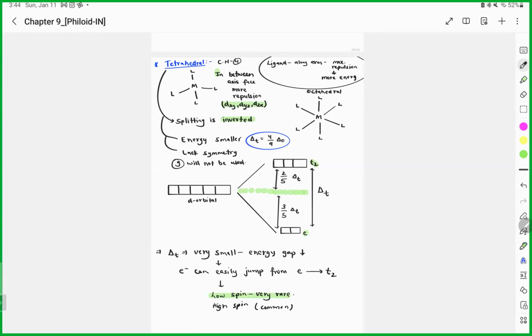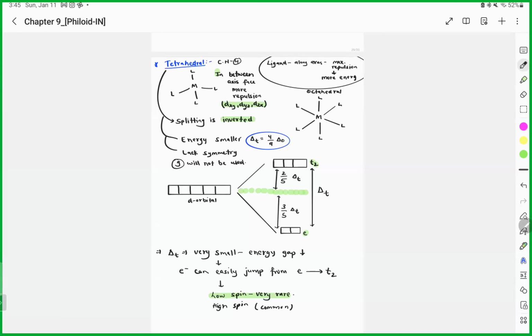The metal has electrons, and the ligand has electrons. Metal electrons are present along the axis, so dx square minus y square and dz square will be repelled the most. That's why eg will be up and t2g will be down. It is reversed in tetrahedral: t2 will be up and e will be down.